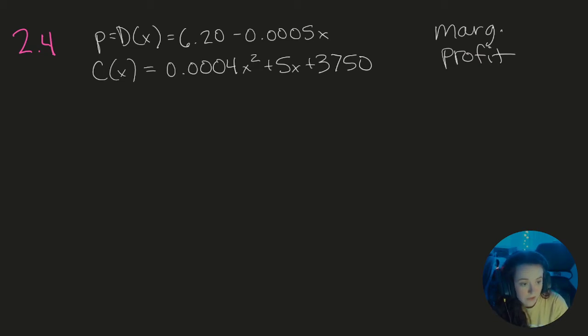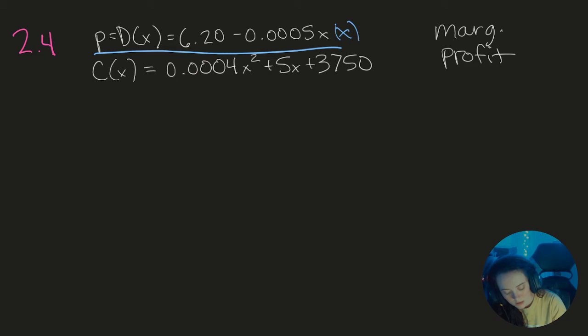Well, we don't have a profit function, so we have to find the profit function, which means we need our revenue function because profit is revenue minus cost. So our revenue function is just this top demand function times x. So that's going to be profit.